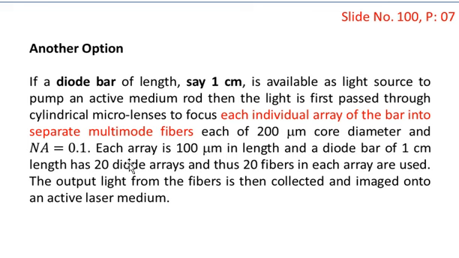So as far as the diode bar is concerned, we have given an example that it consists of 20 diode arrays, and each diode array has 20 fibers.